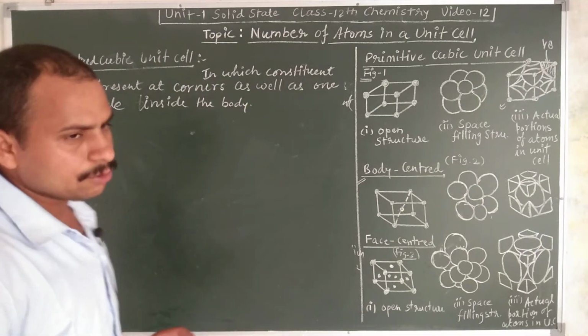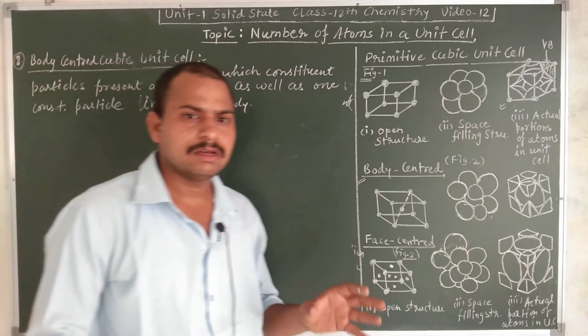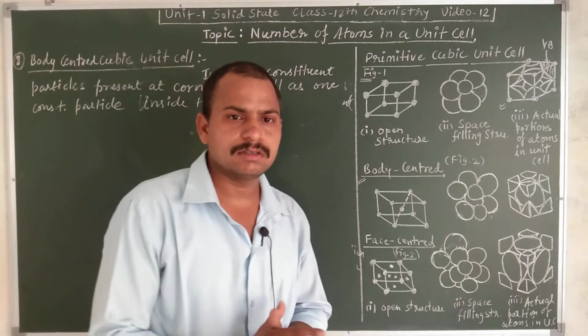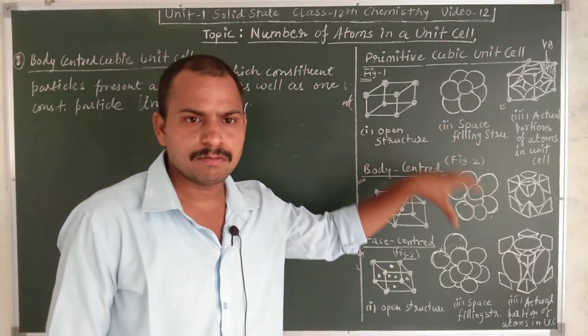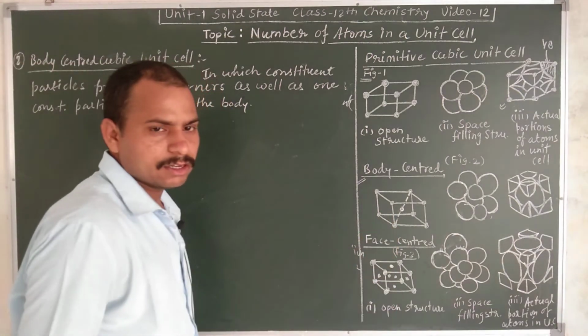So in a body centered unit cell, constituent particles are present at the corners and one constituent particle is present inside the body. So this is the body centered unit cell.